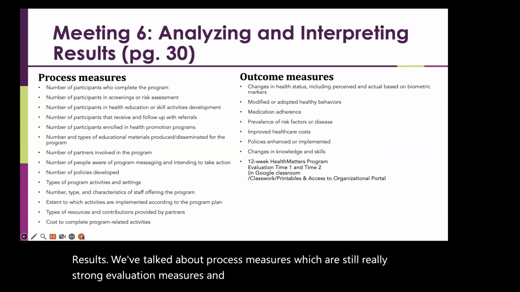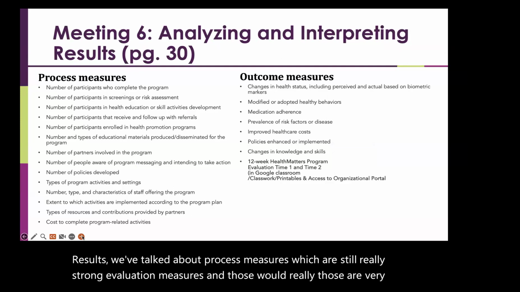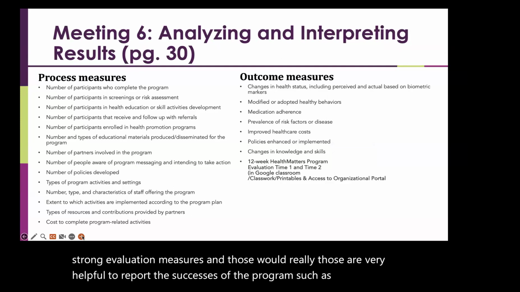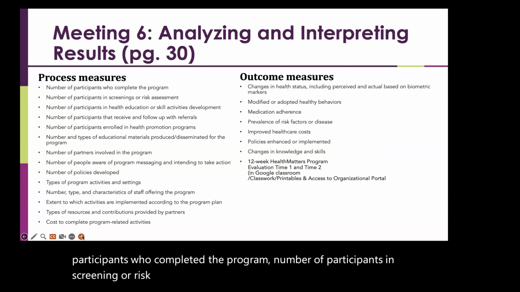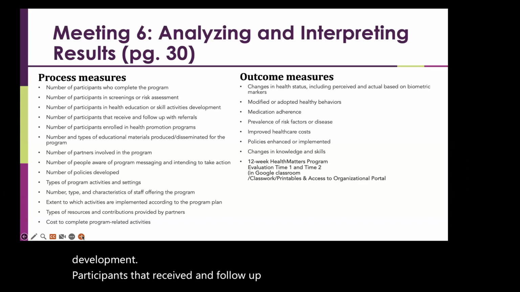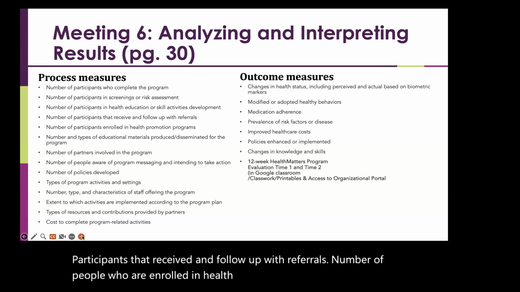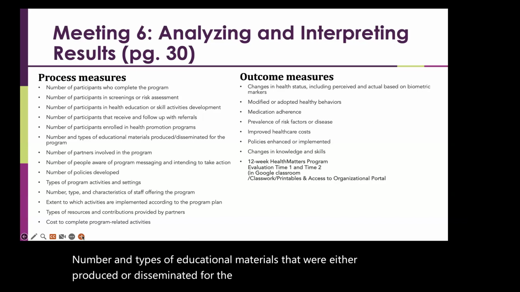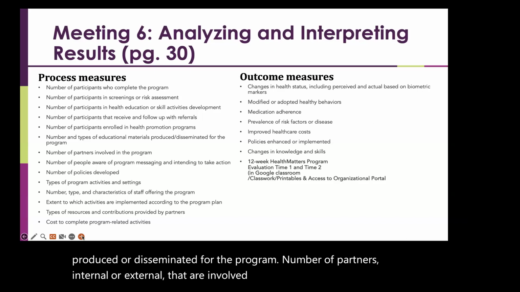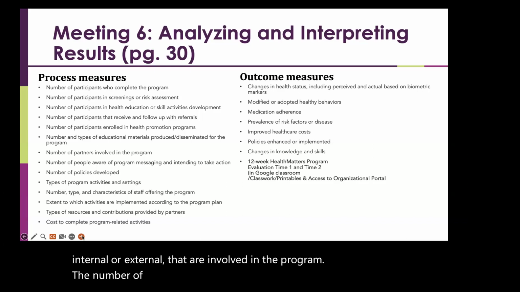Those are very helpful to report the successes of the program, such as the number of participants who completed the program, number of participants in screening or risk assessments, number of participants in health education or skill development activities, participants that received and followed up with referrals, number of people enrolled in health promotion programs in general, number and types of educational materials produced or disseminated, number of partners, internal or external, involved in the program, and the number of people that may be aware of program messaging and are intending to take action.